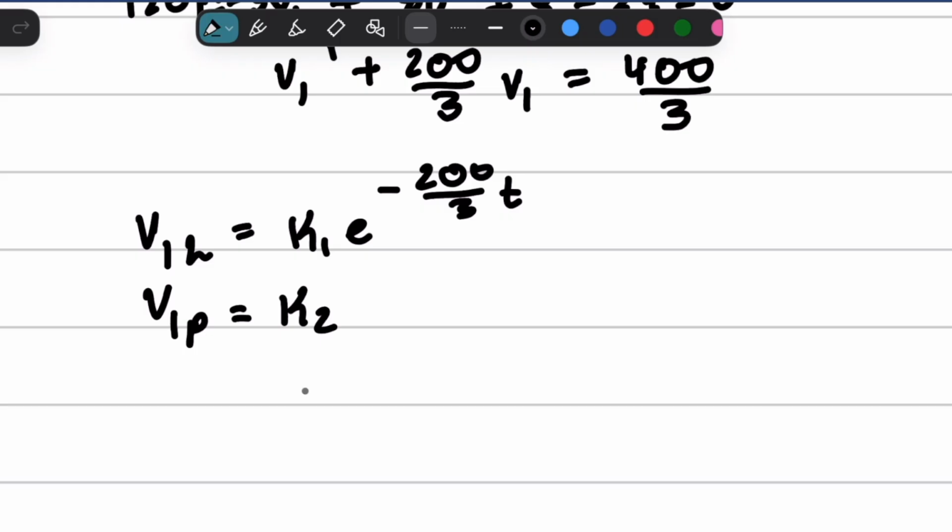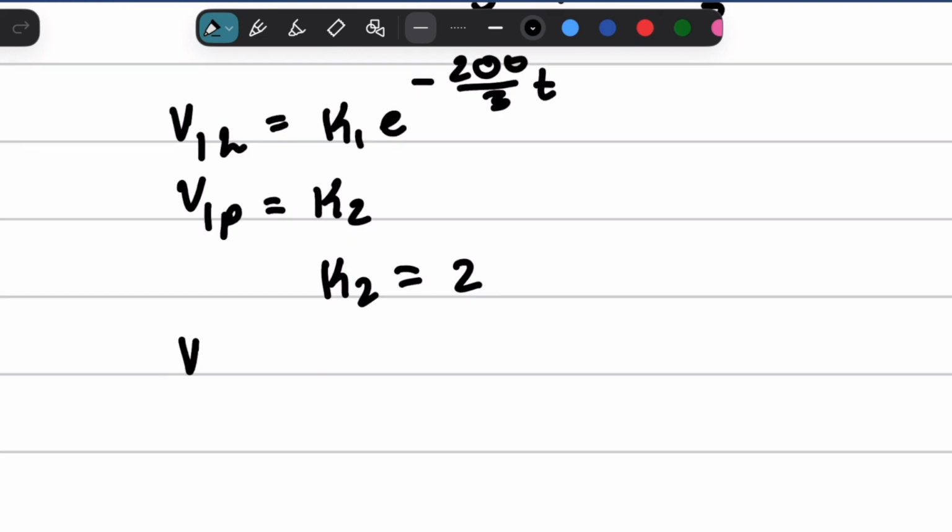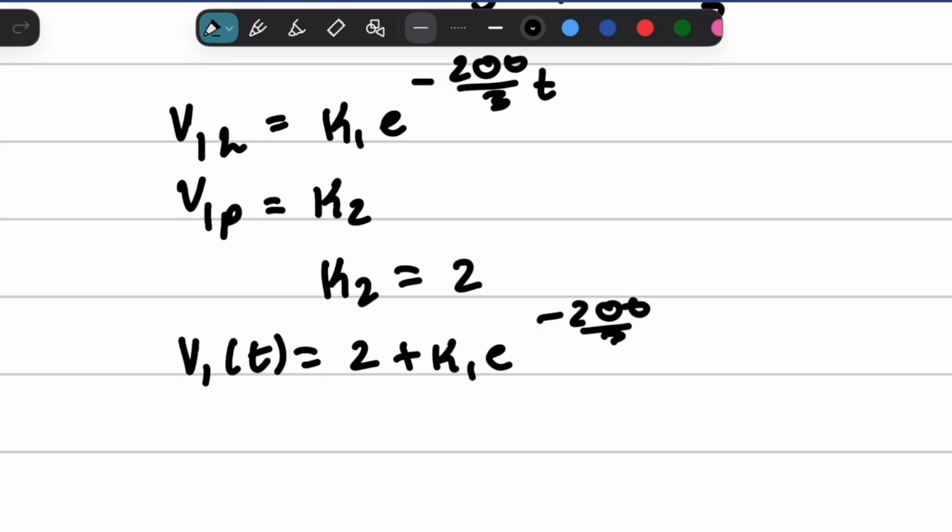We're going to plug this in, get K2, and then these guys cancel out, the thirds and the thirds cancel out. 400 divided by 200 is just 2. And then we are going to get V1 of t is equal to 2 plus K1 e to the negative 200 over 3t.